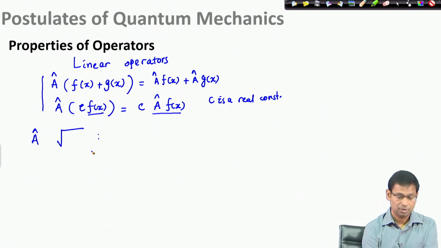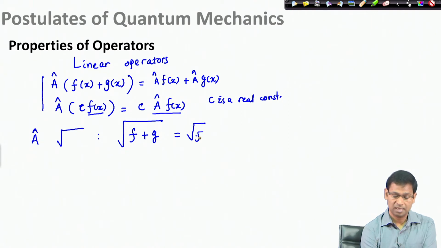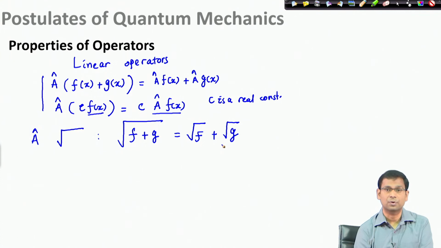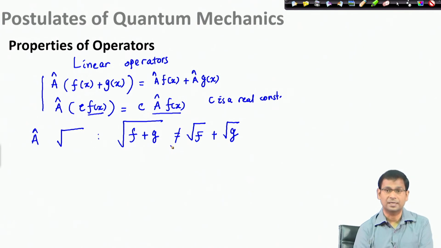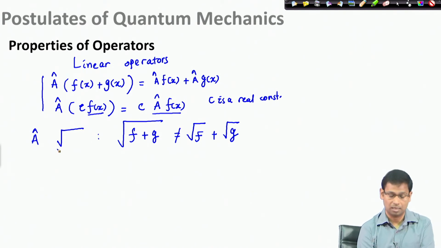Let us find out. Suppose I have f and g as two functions and I am taking the square root of them, the left hand side would be the square root of f plus g, and the right hand side will be square root of f plus square root of g. This is not correct. So, therefore, I have this inequality and therefore, the square root operator is not a linear operator.